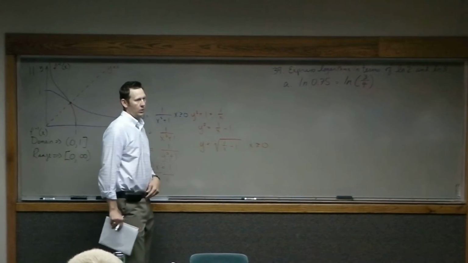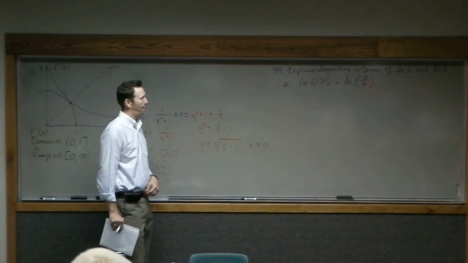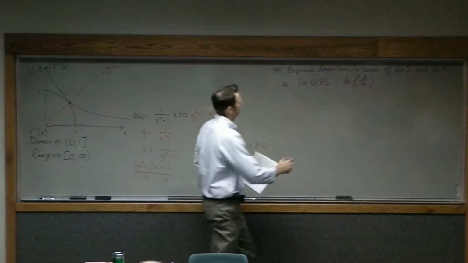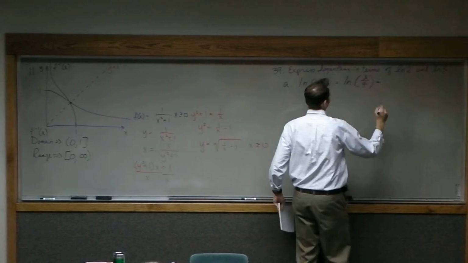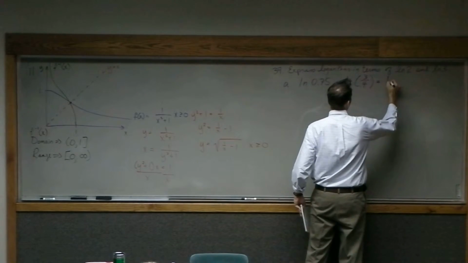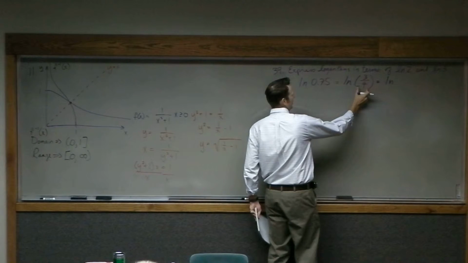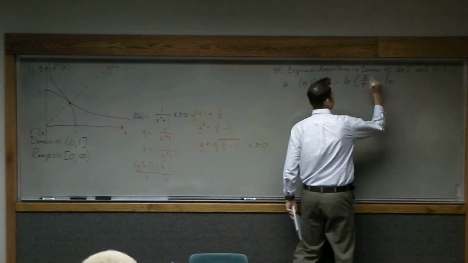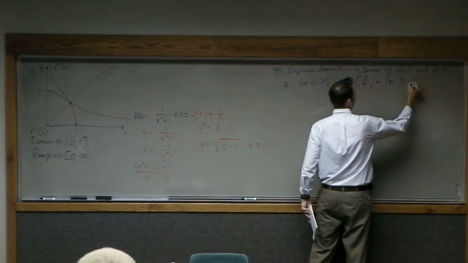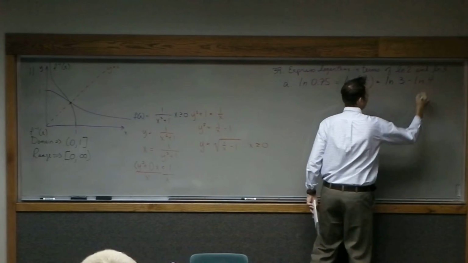What do you want to do now? Okay, if we use one of our properties, since you have division here, you can rewrite it as natural log of the numerator minus natural log of the denominator.